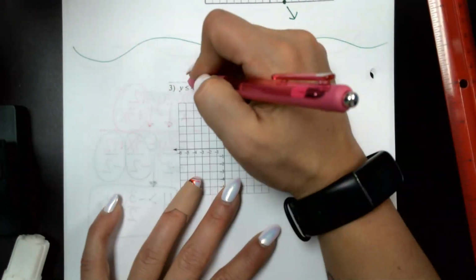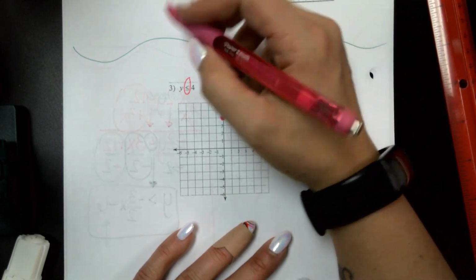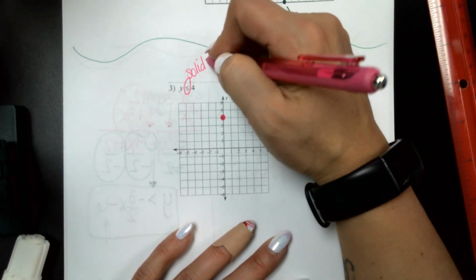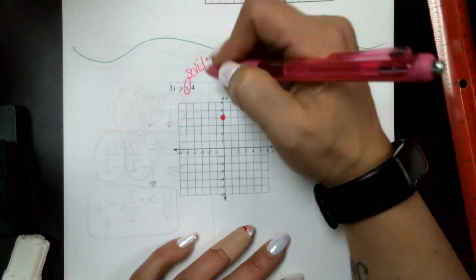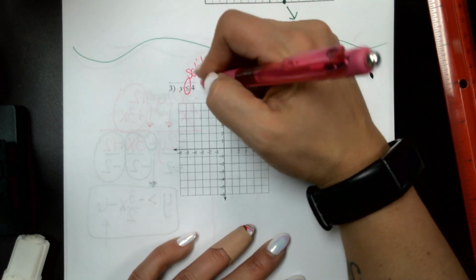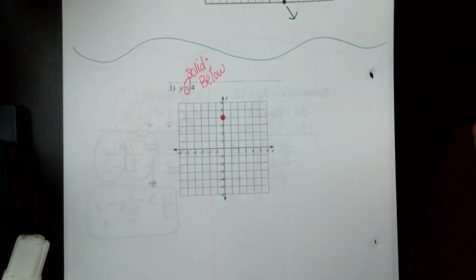Okay? So now tell me about this. Is that one going to be solid or dashed? Solid because of the equal sign. And will we shade above or below? Below. Make sure you're graphing this, please.